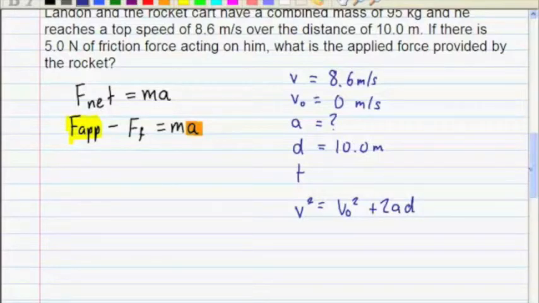Now, just doing a little bit of algebraic wizardry, we can move this around and we get the acceleration is equal to the final velocity squared minus the initial velocity squared, all divided by 2 times the distance.